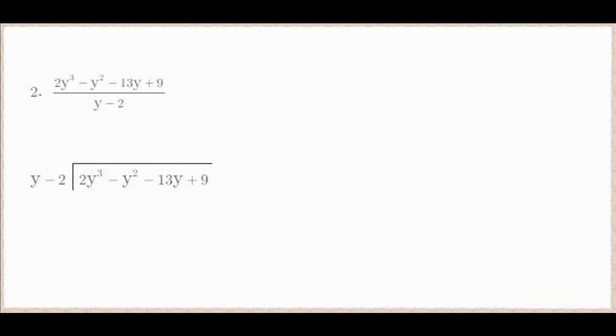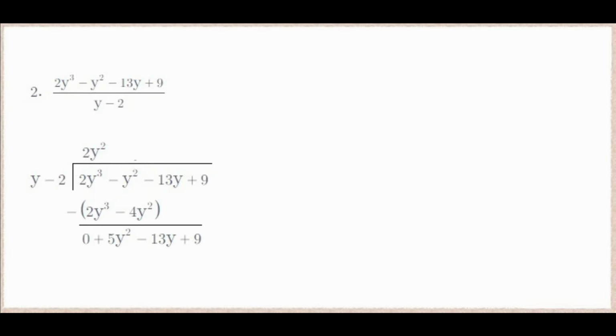So then we want to look at what do we need to multiply y by to get 2y to the third. So we need 2y to the second. Multiplying out, we have 2y to the third minus 4y squared. So subtracting that, we get 0 plus 5y squared minus 13y plus 9.